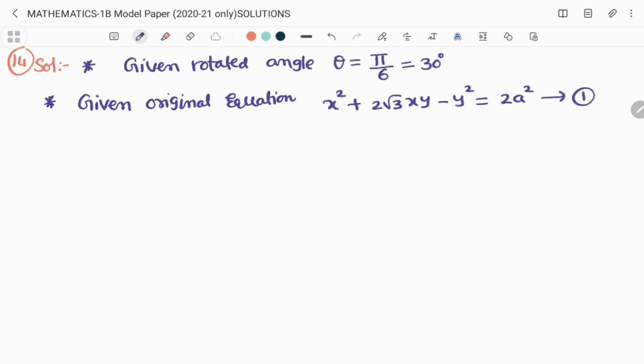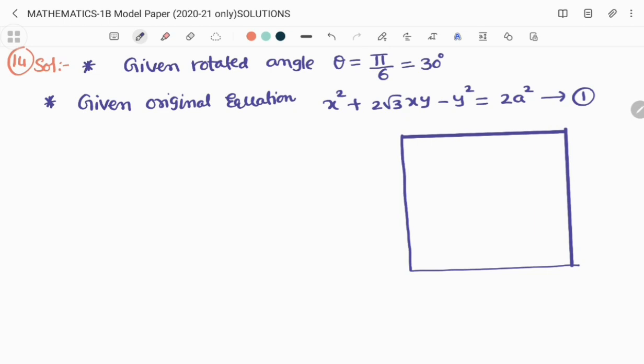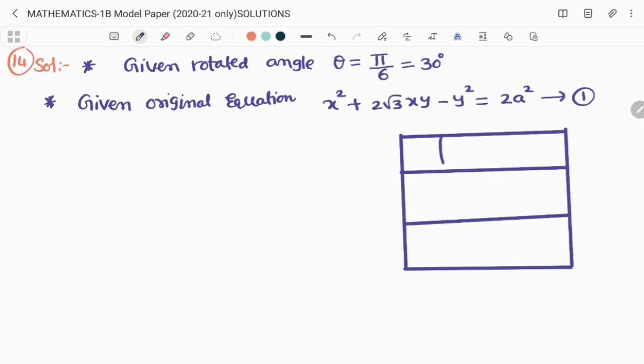So the original equation contains small x and small y. So from the table we have in the rotation of axis, here capital X, capital Y, small x, small y, here cos theta, here cos theta, here minus sin theta, here sin theta.